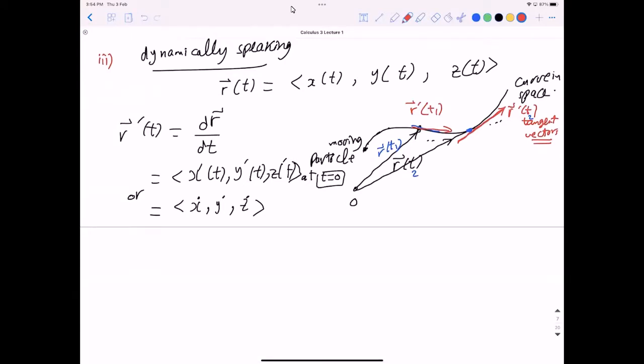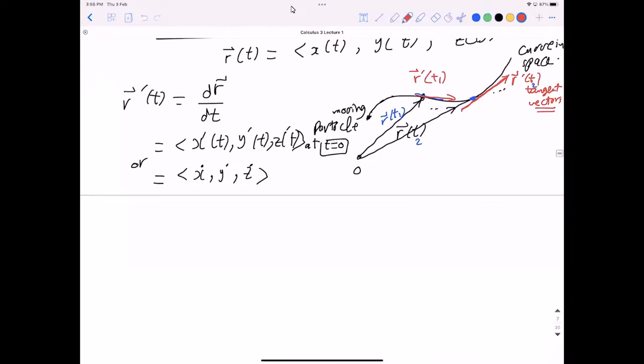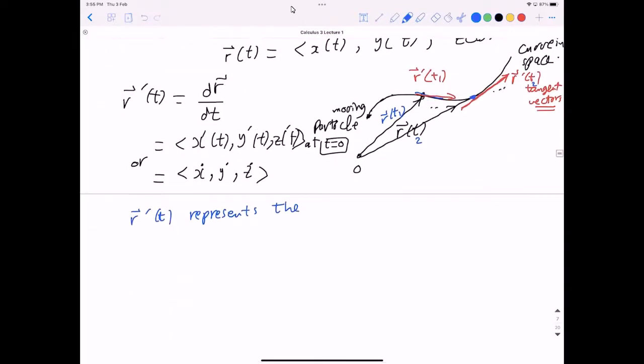So dynamically speaking, R dash is the tangent vector. What does R dash of t represent? Who studied physics? If this is a position vector, then it is the velocity. Yes, exactly. The velocity vector V of t is the velocity at time t.